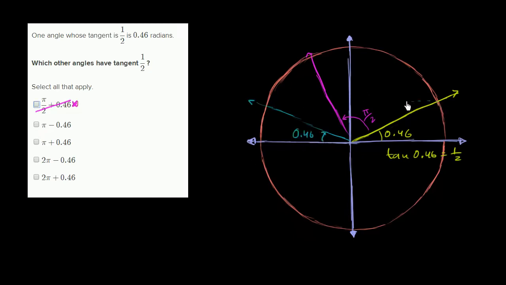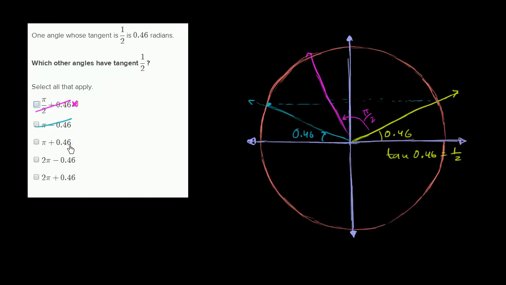Another way to think about it, if we take our original terminal ray and flip it over the y-axis, we get to this terminal ray right over here. You can immediately see that the slope of this terminal ray is not the same as the slope of our original. In fact, they look like the negatives of each other. So we could rule that one out as well.